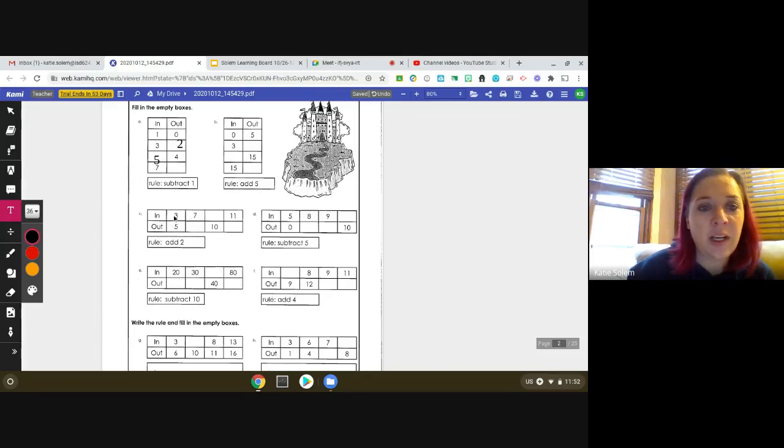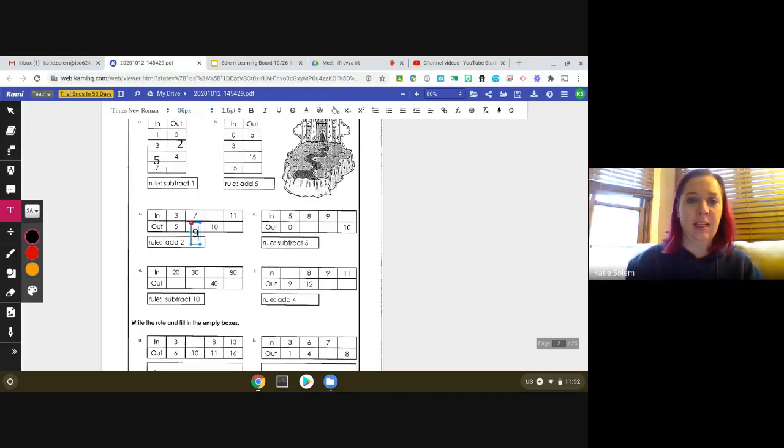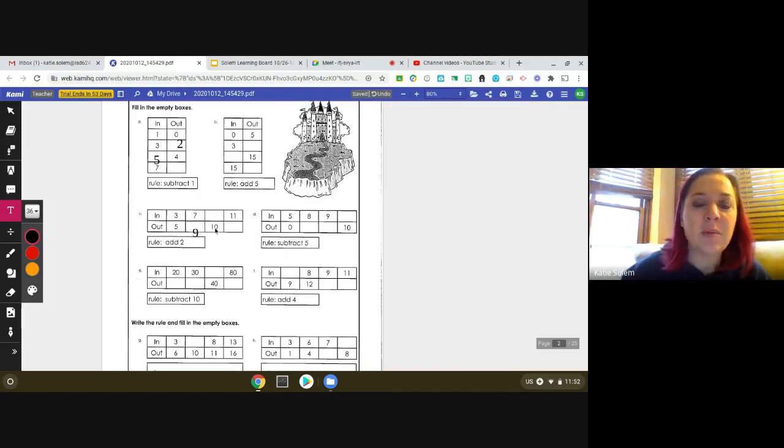Now, sometimes the in and out boxes go up and down. So in this one, the number that went in was 3. The rule was add 2, so we did 3 plus 2, and we got our answer of 5. So what would happen if 7 went into that box? Well, 7 plus 2 would get us 9. Now again, sometimes we have to do it in reverse order, where we have a 10 that came out, but we need to know what number went in.